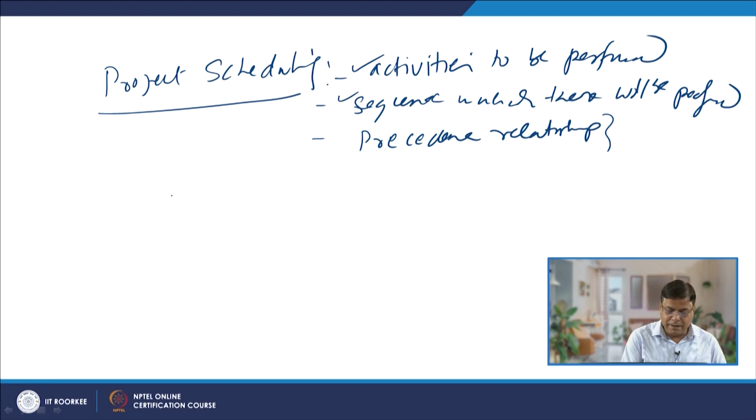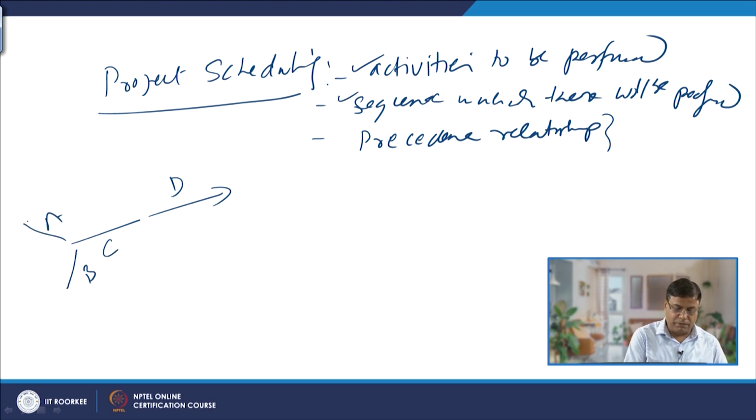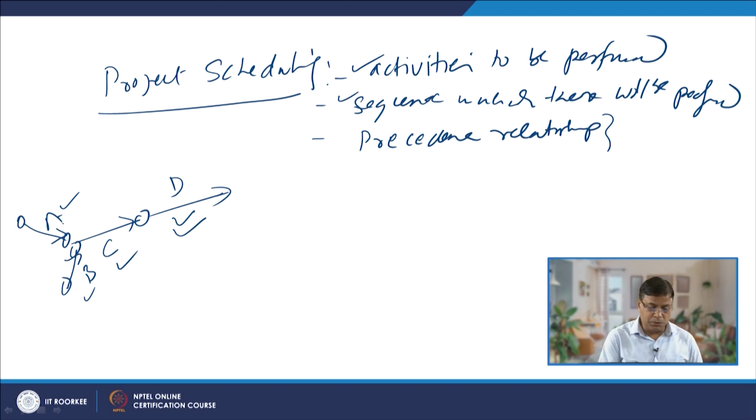Like if activity D is to be done, it may be required that before that, A, B and C are also performed. Say the activities are indicated as activity A, activity B, activity C. For doing activity D, it is necessary that A, B and C are all completed.